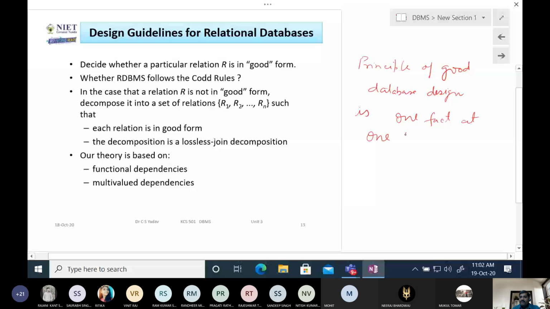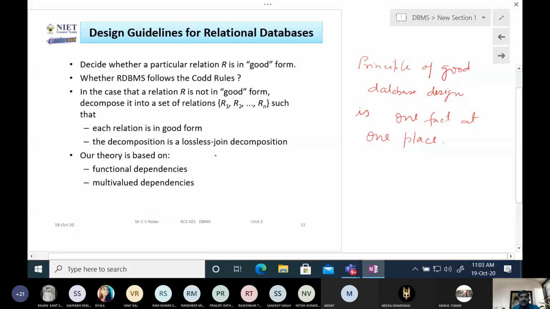So if we keep one fact at one place, automatically redundancy will be reduced. And if we keep one fact at multiple places, then due to that there occur various types of anomalies: insertion, deletion and updation anomalies.